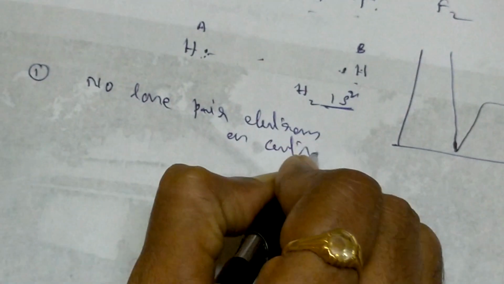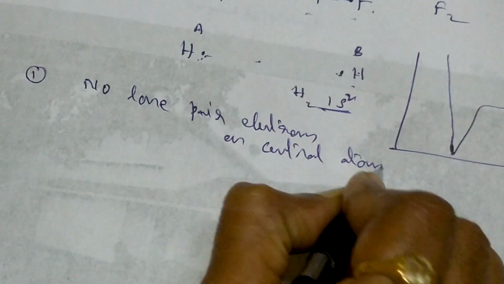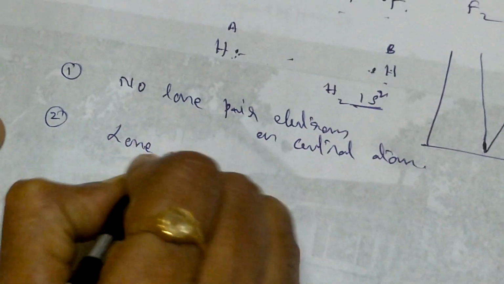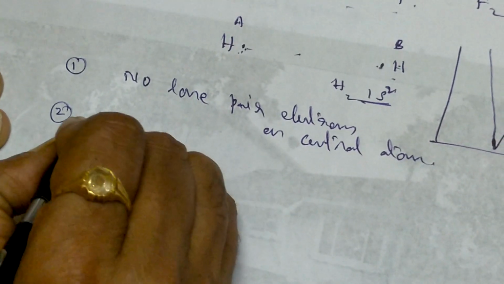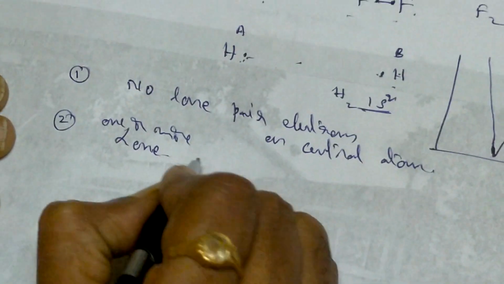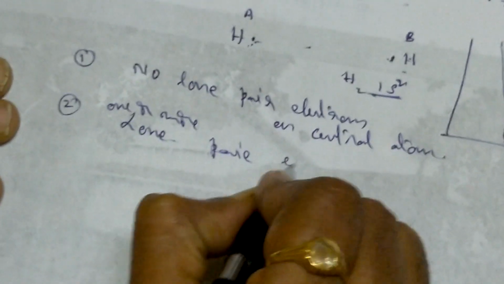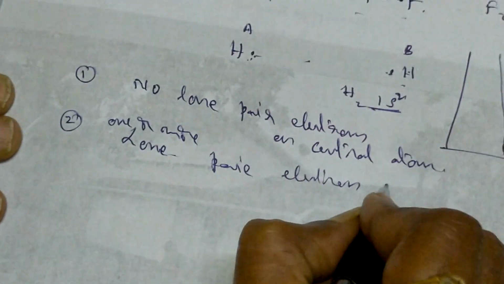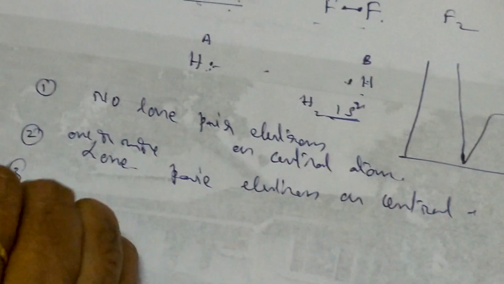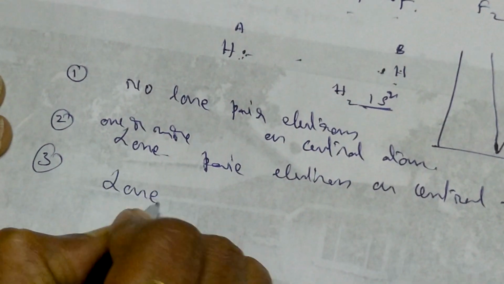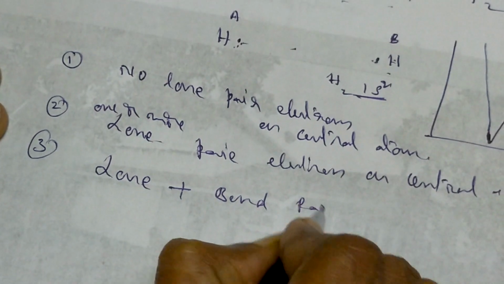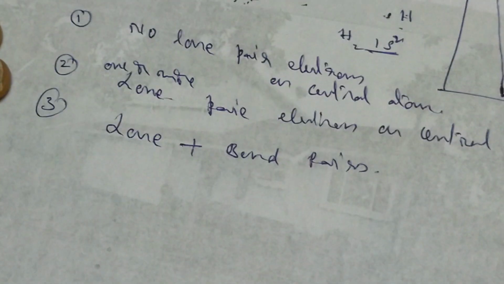The second category is one or more lone pair electrons on the central atom. The third category is lone pairs as well as bond pairs.